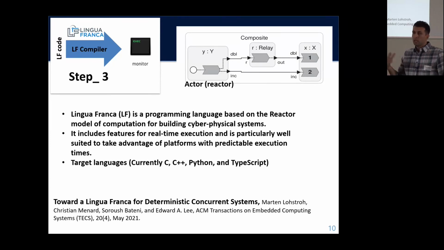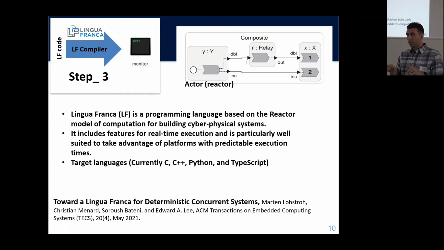This language is a meta language. The developer can currently use C, C++, Python, or TypeScript as the main language to develop their own code. And the compiler of the LF translates and compiles the code to the executable version.